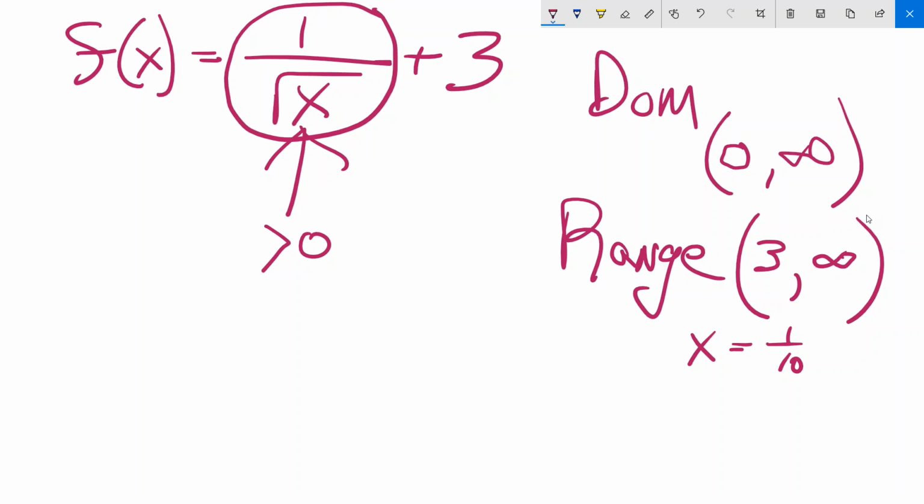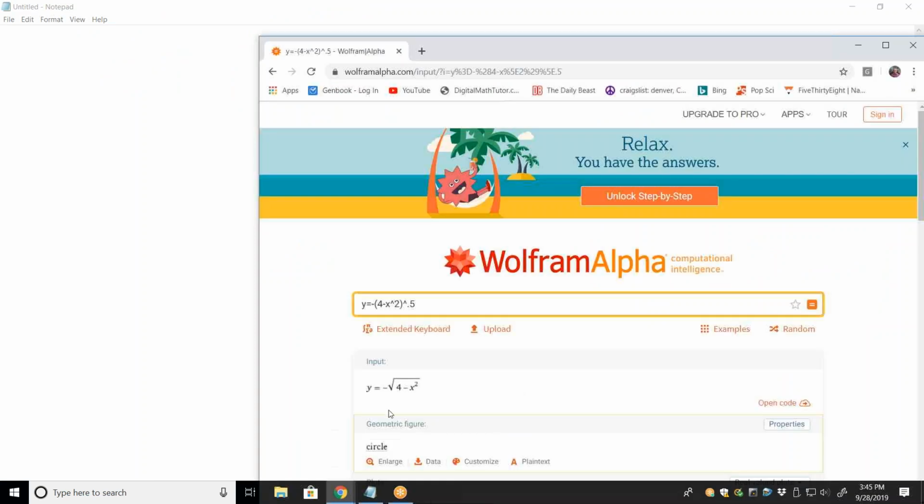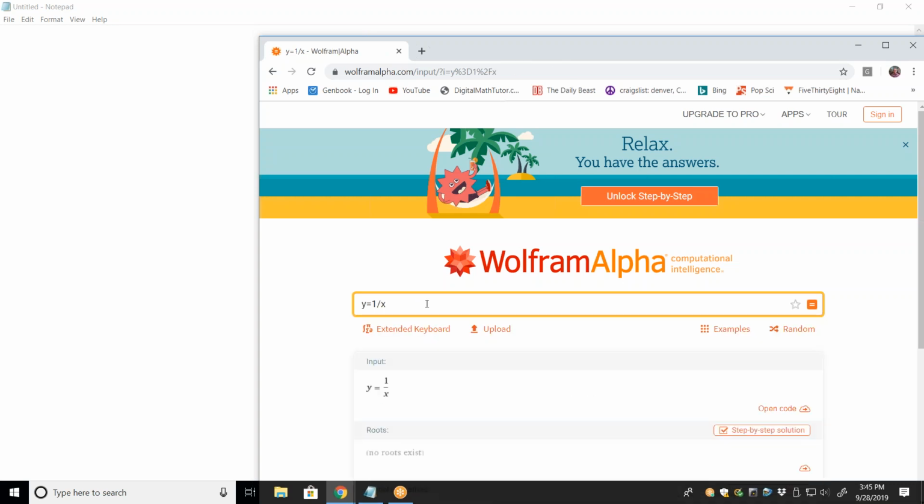Okay. Now, how do we graph this thing? I'm going to go to Wolfram Alpha, and I'm just going to put in y equals, first of all, 1 over x. You'll see that that is the basic function, hyperbolic in nature.